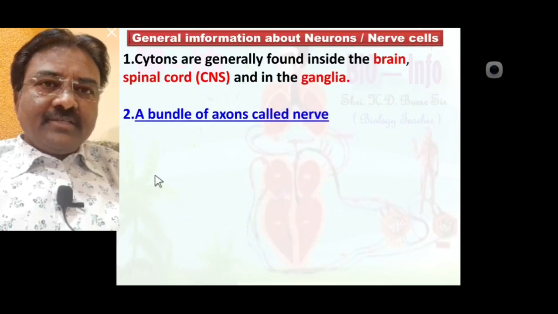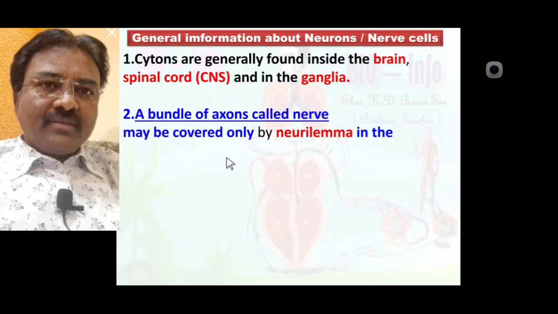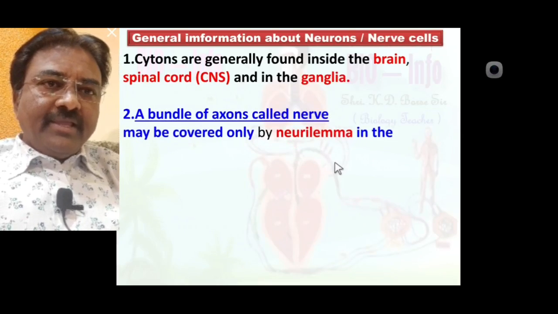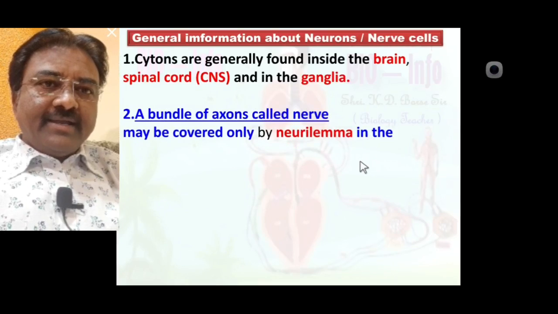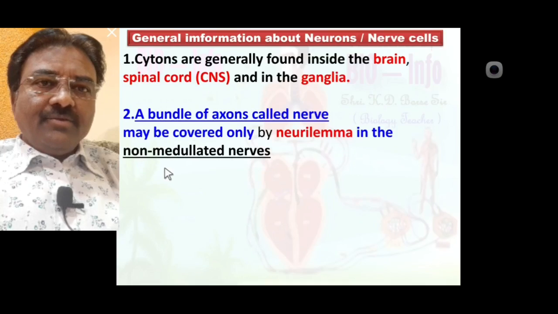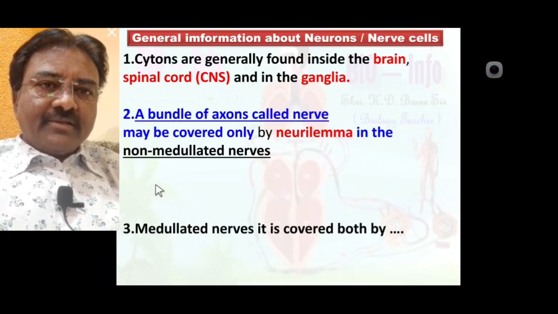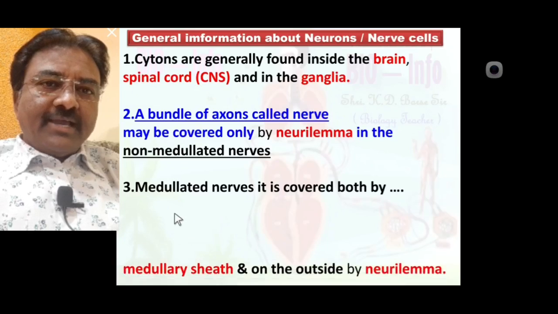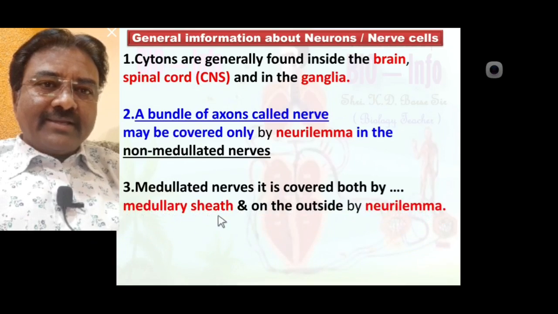Second point, a bundle of axon called as nerve. You know what is nerve? Bundle of axon called as nerve. Nerve may be covered only by neurolema in non-medulated nerve. Third point, medulated nerve. It is covered both by medullary sheath and on the outside by neurolema also.